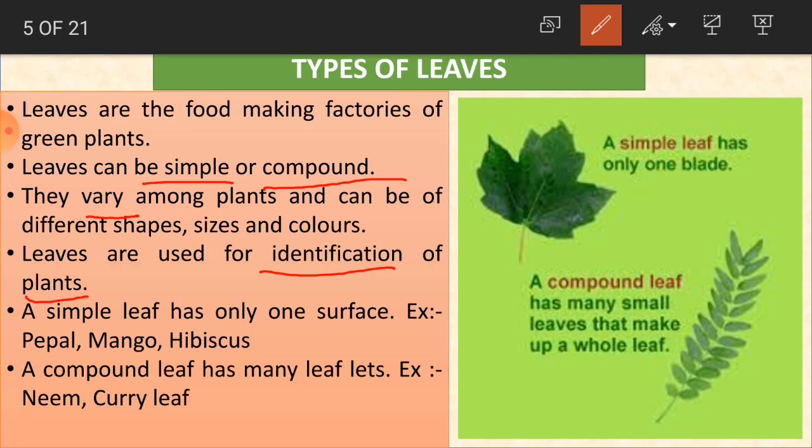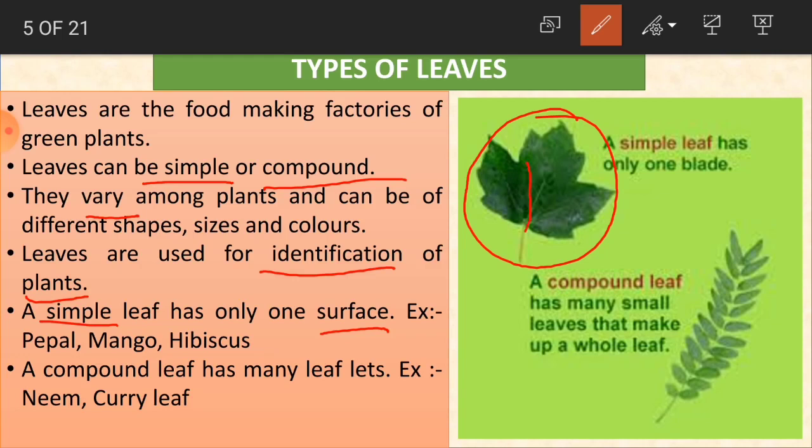A simple leaf has only one surface. Examples: peepal, mango, hibiscus. We have so many, but we have mentioned only 3 examples here. Simple means single, that is, it has only one surface. If you see here, children, you might think we are having 3 different leaves.